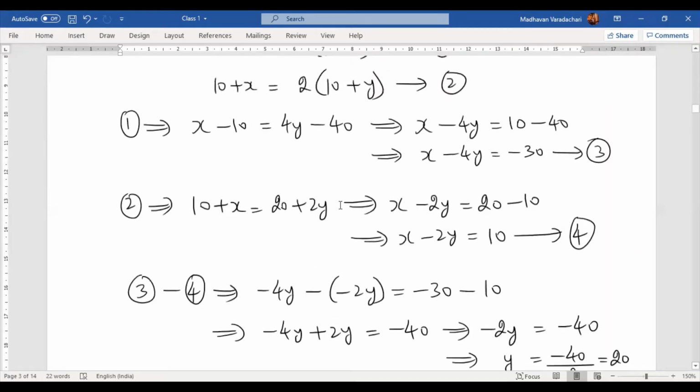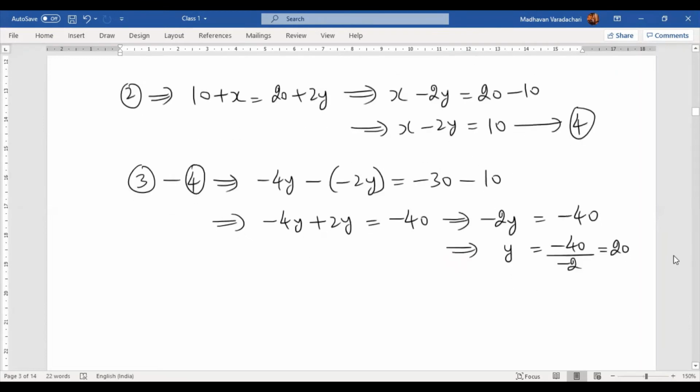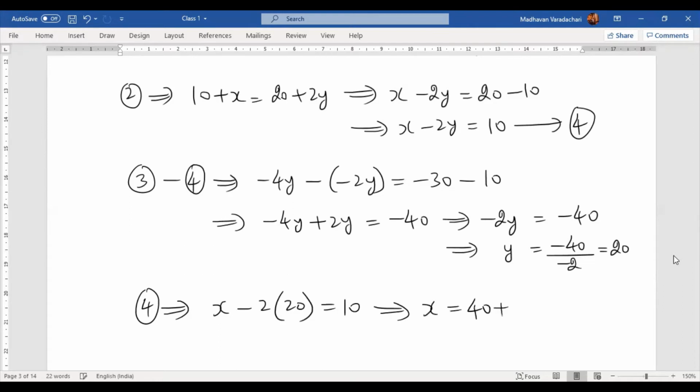Once you have y, you can substitute it in any of the equations. Let me choose the fourth equation to find out what x is. x minus 2 times 20 is 10. Or x, this is negative 40. If I take it to the other side, it becomes positive 40.